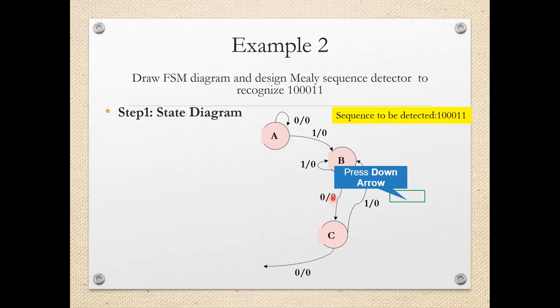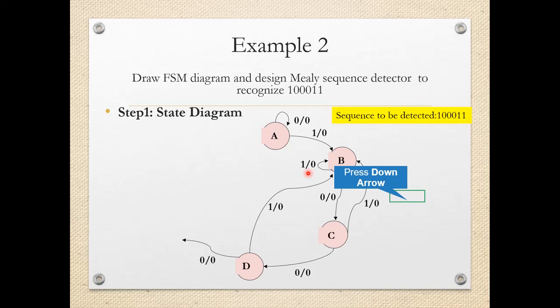Now if 0 comes, go to the next state. So already we have obtained 1, then 0 and again 0. So go to state D. Now in state D we have to check for the fourth bit. This fourth bit should be 0. If 0 comes, go to the state E. If 1 comes, go to state B. B, why?